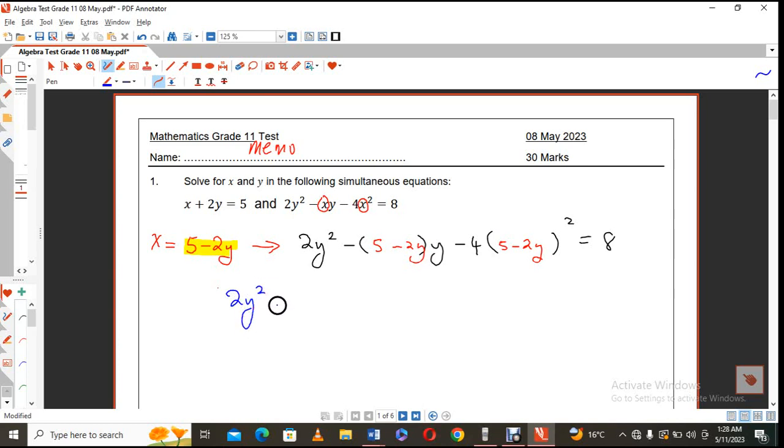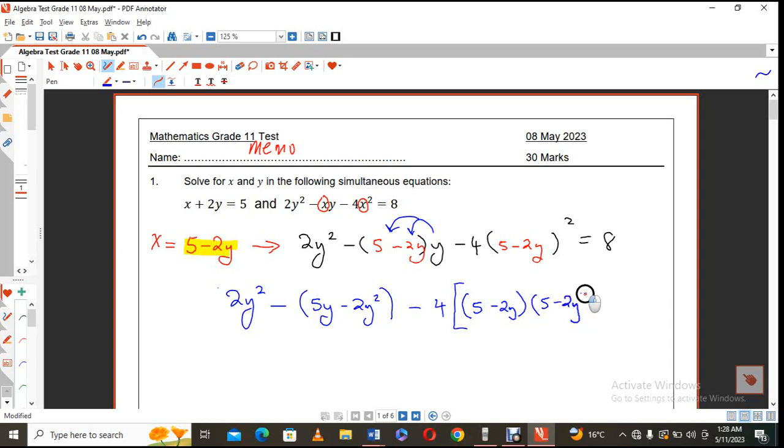So this is 2y squared minus, and I'm going to now multiply this y over here first. So that's 5y minus 2y squared minus 4, and I'm going to introduce a square bracket with the normal ones, because this is 5 minus 2y should multiply by itself, binomial expansion. Take note how I am using the brackets.